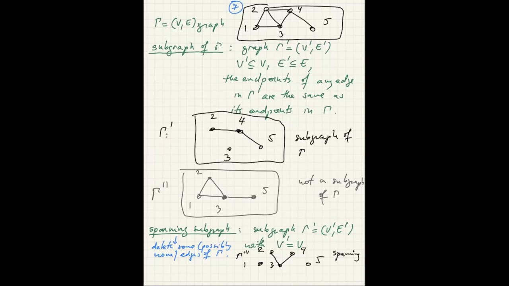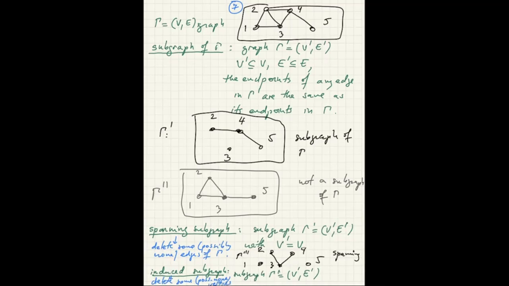Okay. And one more notion, which is induced subgraph. This is again a subgraph gamma prime, E prime, but with the property that it's obtained just by deleting some, again possibly none, vertices.